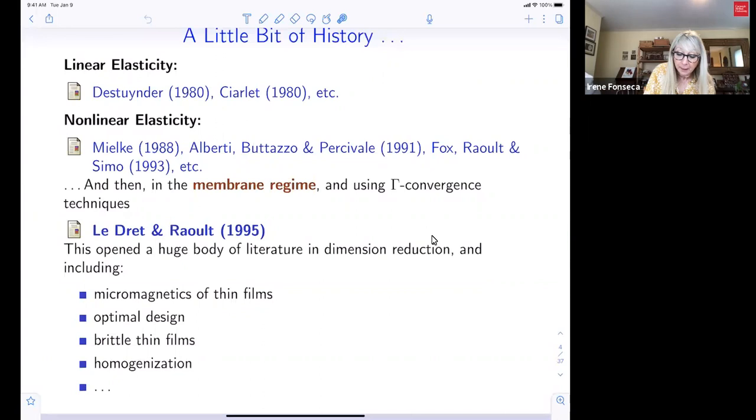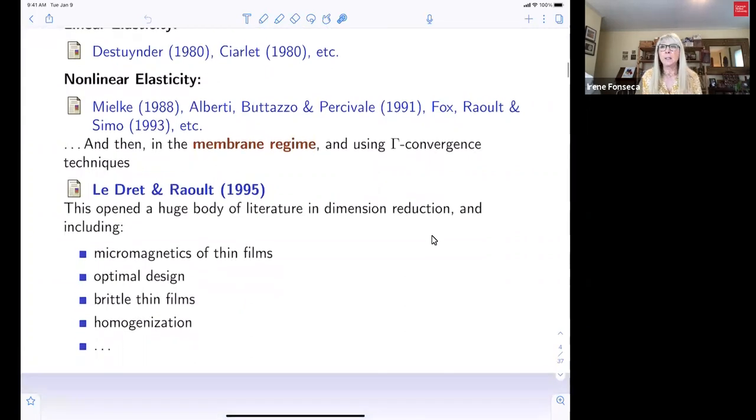And then a big leap happened in 1995 with a paper by Le Dret and Raoult in the membrane regime. You take the energy I gave you and divide by the thickness, using methods of basically gamma convergence. And that, as I write here, opened a huge body of literature on these dimension reduction problems with different flavors.